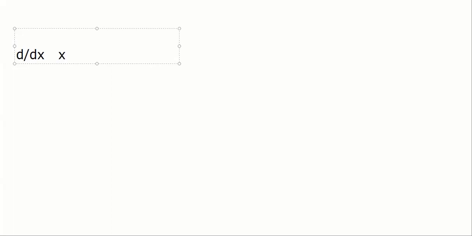What was the differentiation of x to power n, guys? n into x to the power n minus 1, right? If I replace n by n plus 1, then it becomes this, correct? So the differential of x to power n plus 1 is n plus 1 into x to power n.